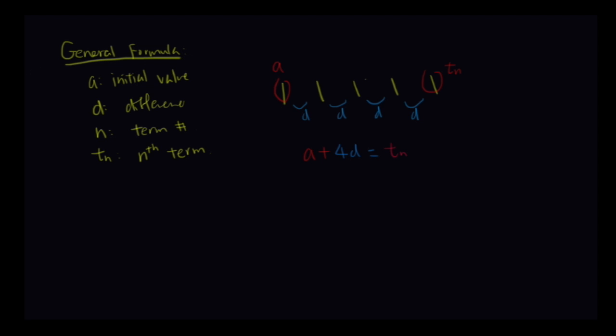So from this quick example, we can generalize that Tn equals A, which is the initial value, plus n minus 1 times D. Since there are n minus 1 spacings between the first and the nth term of the sequence, and each spacing has a difference of D, we multiply by D. And then we can simplify this expression to A plus nD minus D, which is also A minus D plus nD, which will equal Tn.